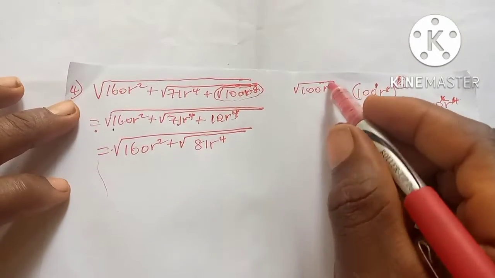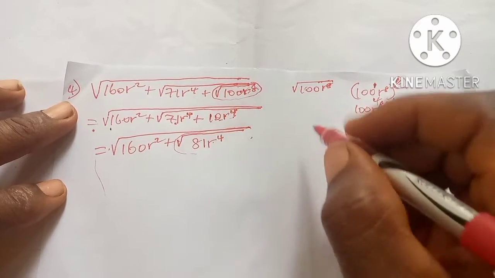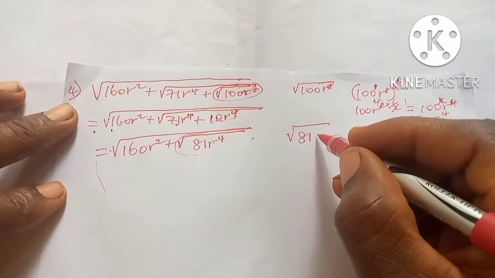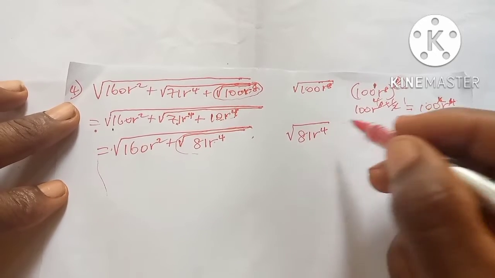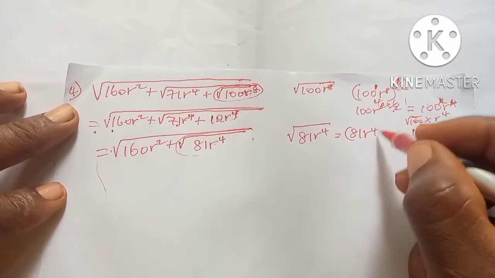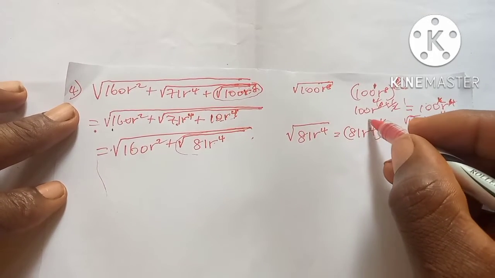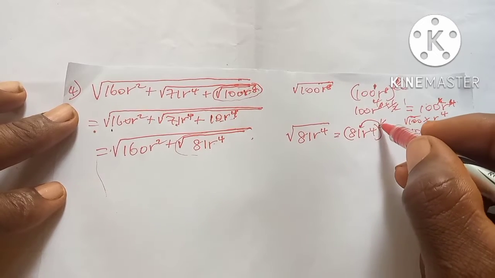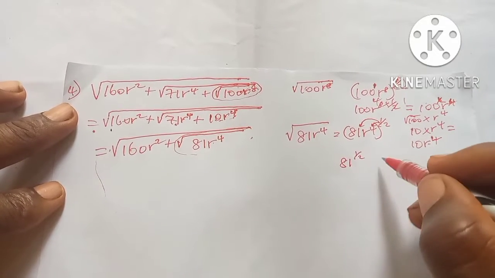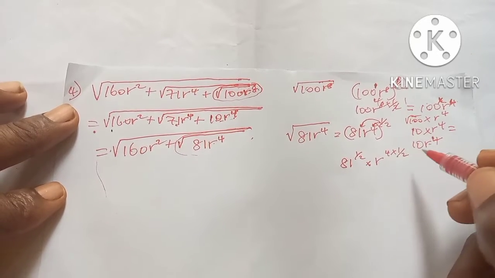So we're going to do the same thing we did here to this root 81 r to the power 4. So we have root 81 r to the power 4 is the same thing as 81 r to the power 4 raised to the power half. So we're going to distribute this half to this and this. So we have 81 to the power half multiplied by r to the power 4 multiplied by half.